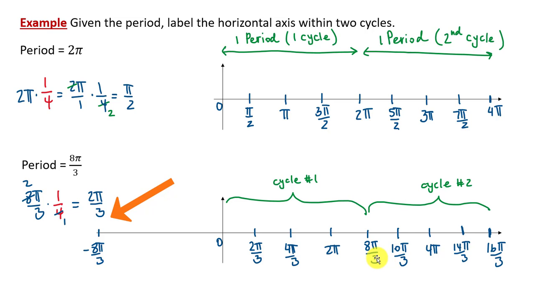That's the end of that cycle that lies to the left of the vertical axis. And then I split it into 4 equal parts. And the numbers that I'm going to place are negative 2 pi over 3, negative 4 pi over 3, and negative 2 pi. So that's how I could easily label the horizontal axis within another cycle of the graph.